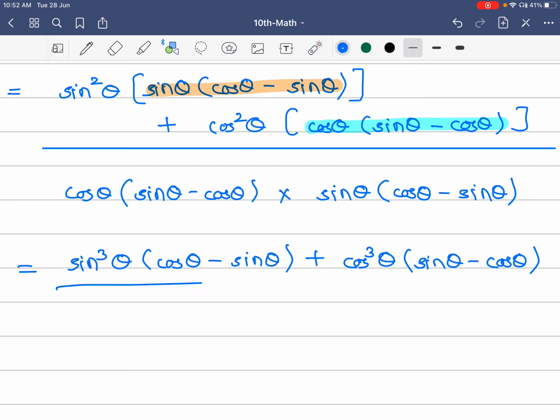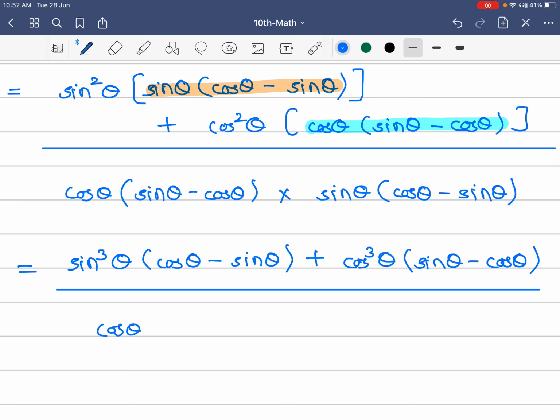So let's mark the line. This is our numerator, and the denominator, everything is multiplication. So it's basically cos theta into sine theta minus cos theta into sine theta into cos theta minus sine theta.